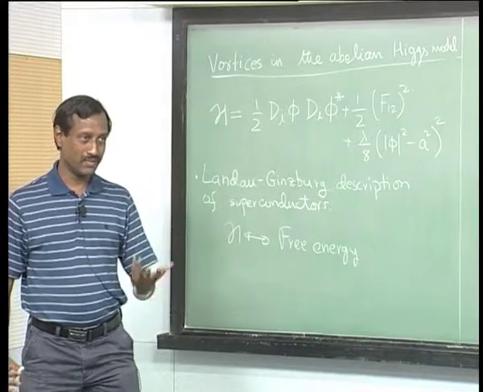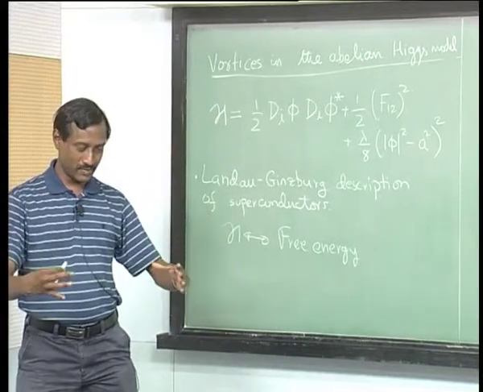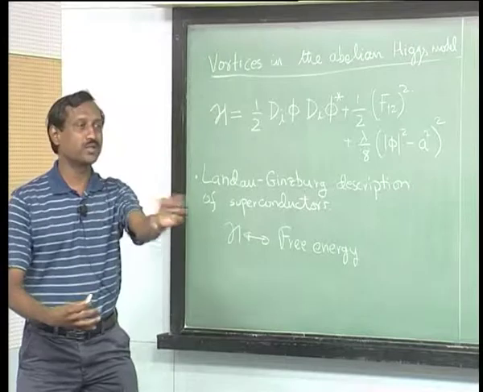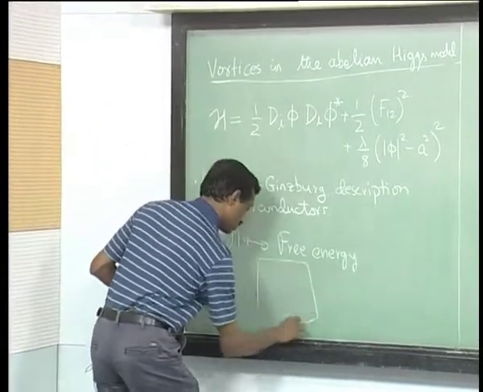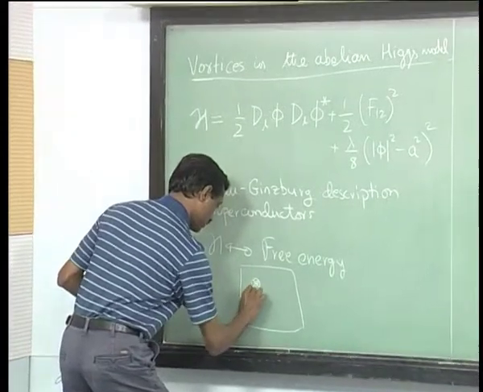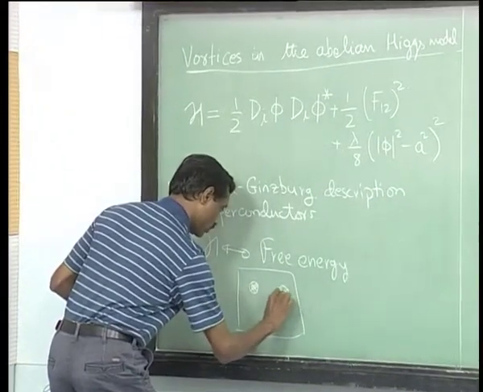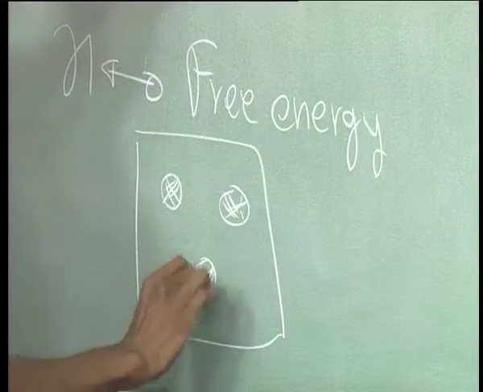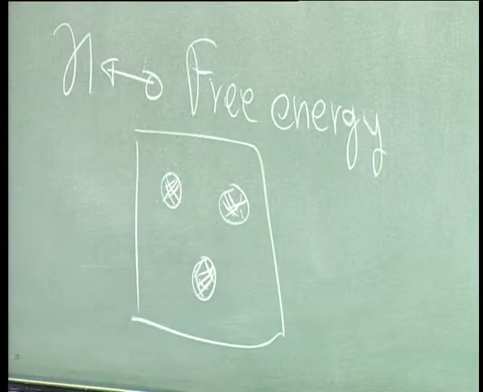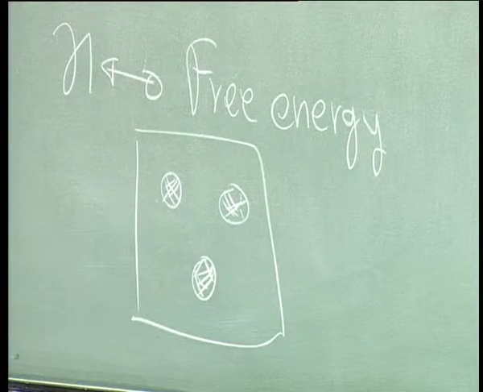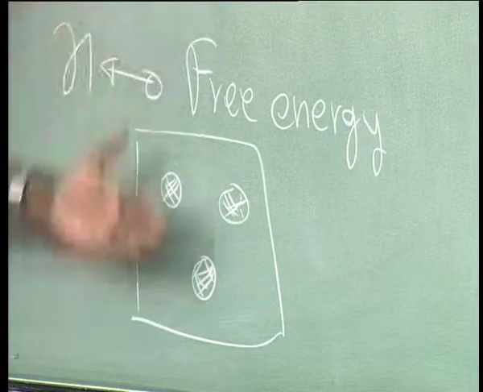But really, it can go through provided some regions become normal. So a cross section would look something like this. You would have flux tubes going out here, and in this region the material will be non normal.